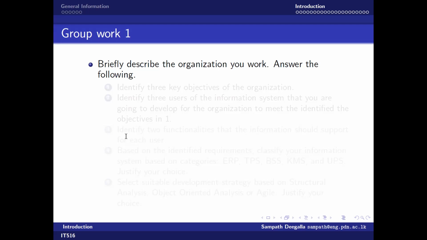So let's say there are three of you, and you select one organization, and based on the selected organization you are going to answer these questions. There are 5 things that I'm going to ask. Create a Word document, and I will put a link in the page tonight so that you can submit it.